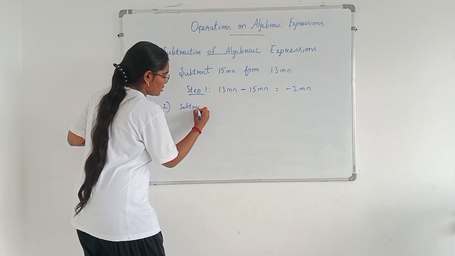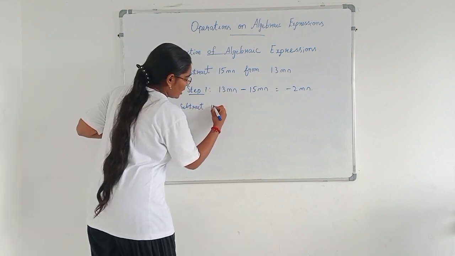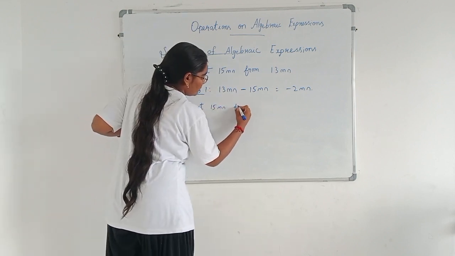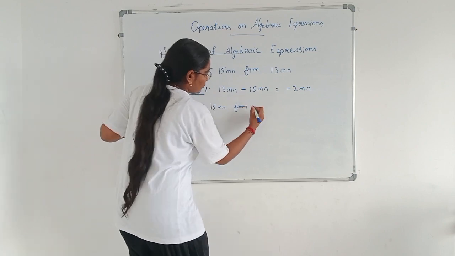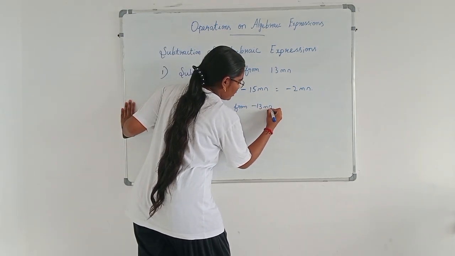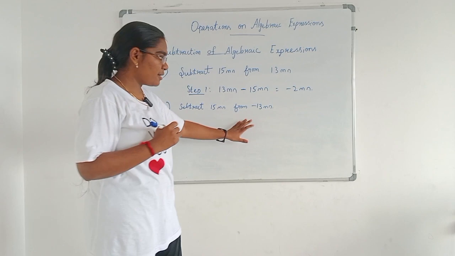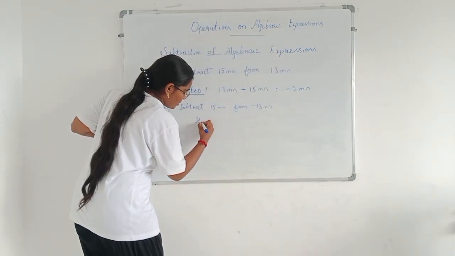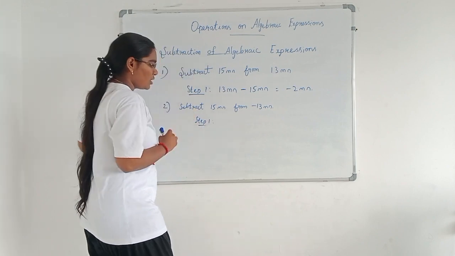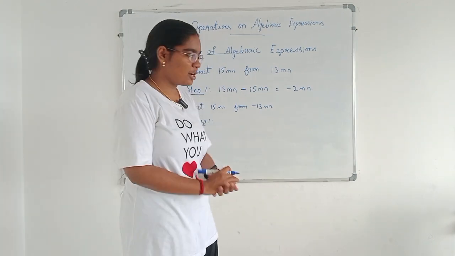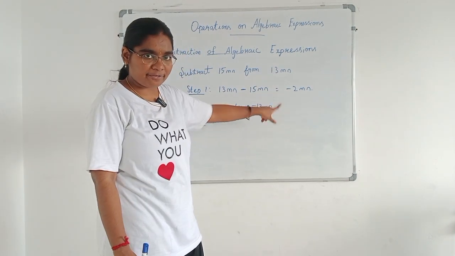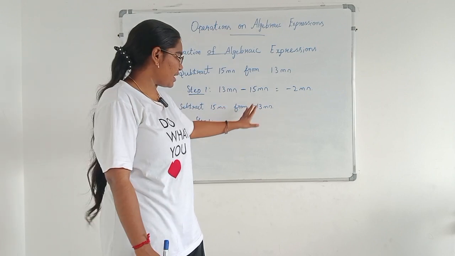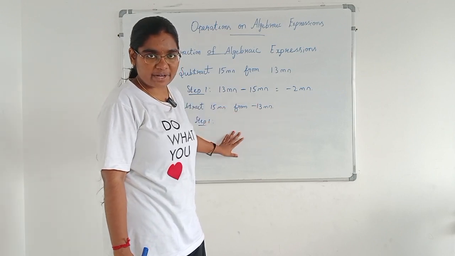In a similar way, now we are slightly changing the question. Subtract 15mn from minus 13mn. So here, step 1. In subtraction, what is the first step? Whatever term is there after "from", you have to write it in front.